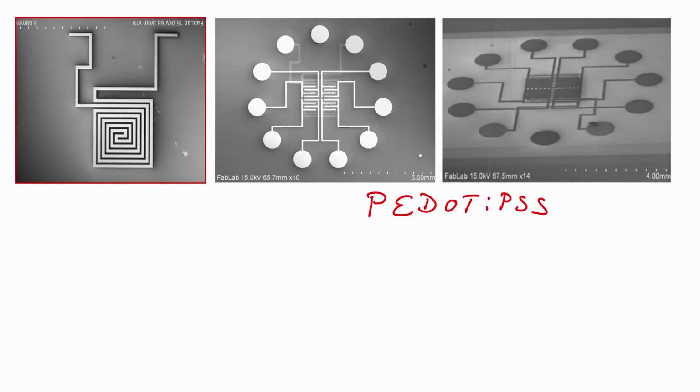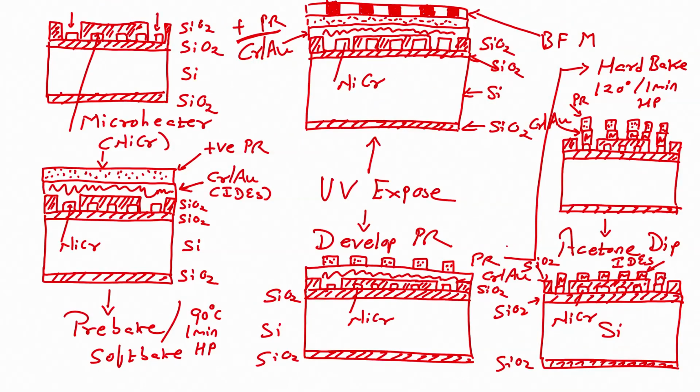If you remember the last screen that we saw, which is our interdigitated electrodes, and below the interdigitated electrodes there is an insulator, below which there is a micro heater. So, we will start from here and then pattern a piezoresistive material.